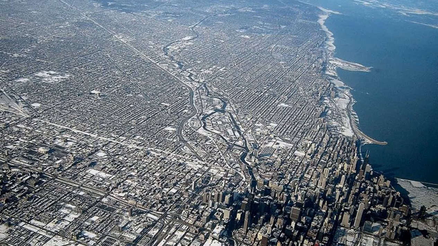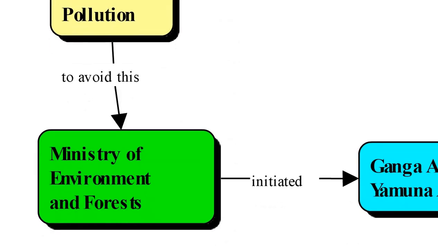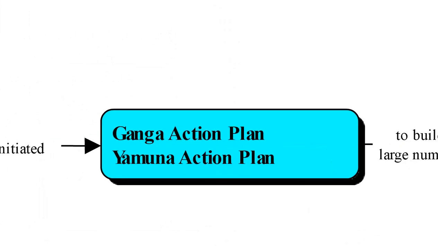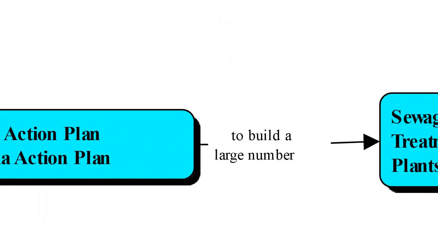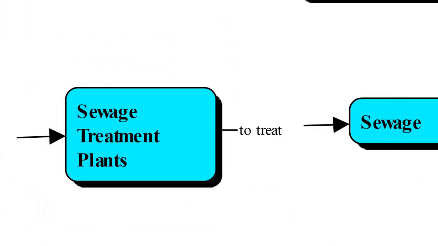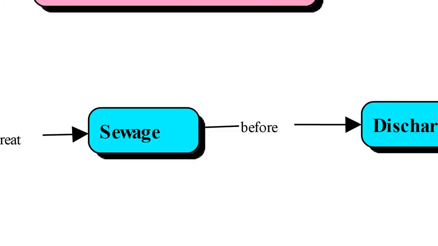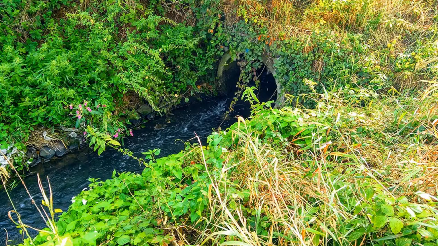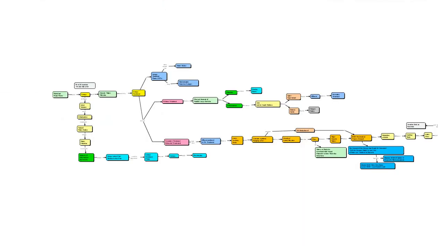To avoid this, the Ministry of Environment and Forest initiated projects called the Ganga Action Plan as well as the Yamuna Action Plan. The main objective of these plans is to build a large number of sewage treatment plants around the Ganga river as well as the river Yamuna to treat the sewage water before discharging it into these natural water bodies. In this way, aerobic as well as anaerobic organisms are actively involved in the removal of the organic waste from the sewage water.